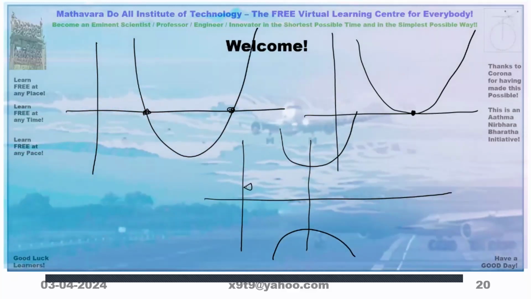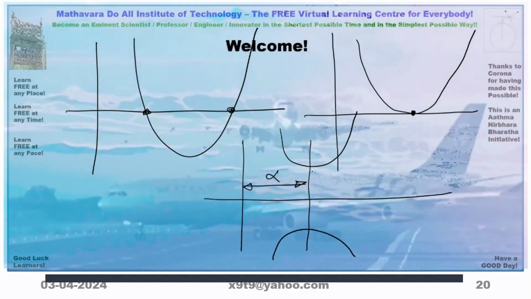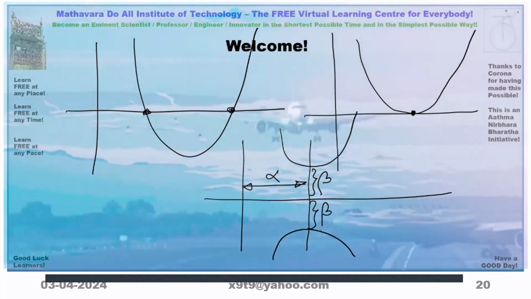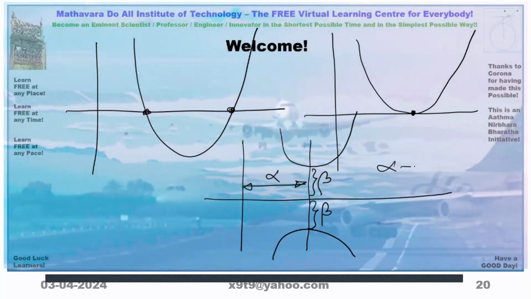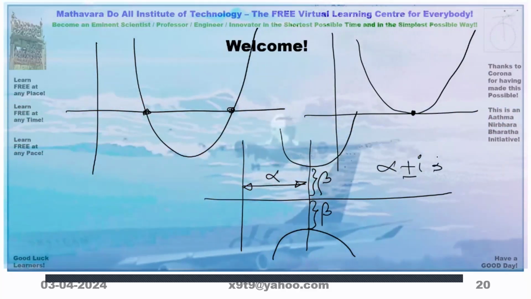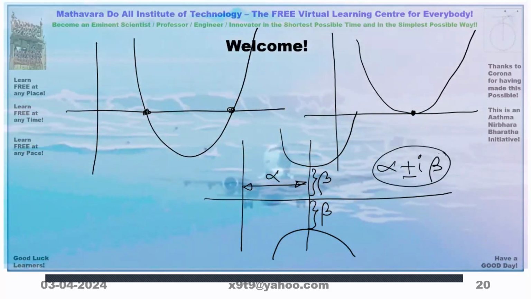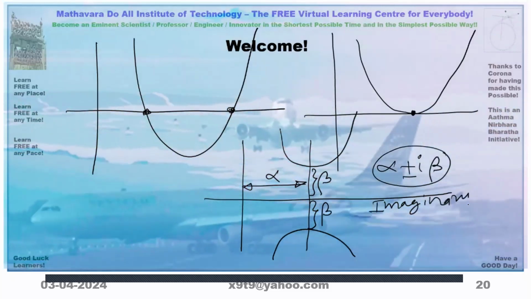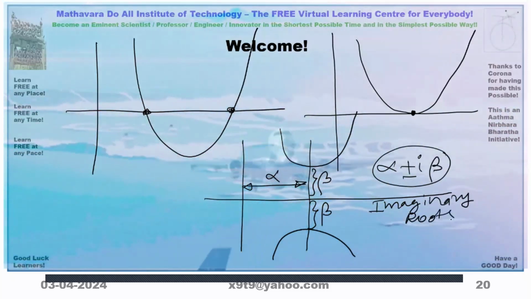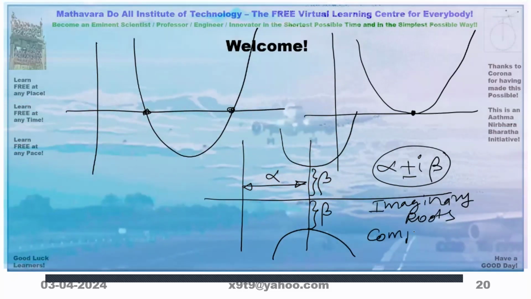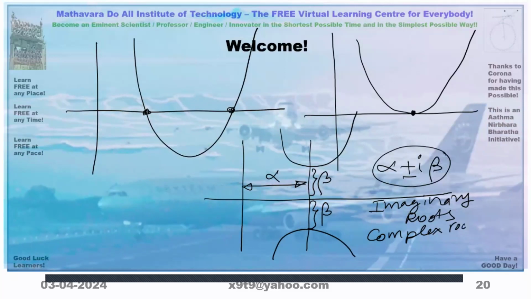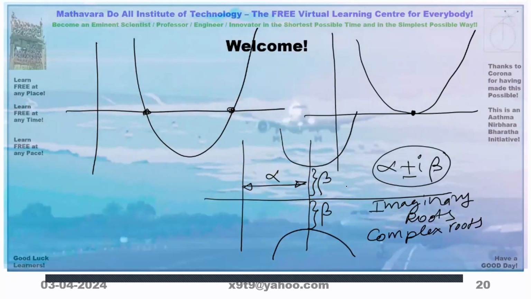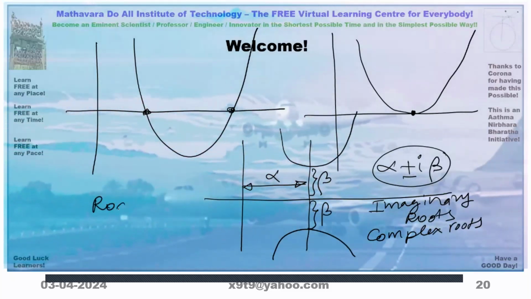So this distance is called alpha, and this is called beta. This is also beta. So the pair of roots are called alpha plus minus i beta. So these are one pair, they are called imaginary roots, or they are called complex roots. So for problems of this variety, we will say the roots are complex.